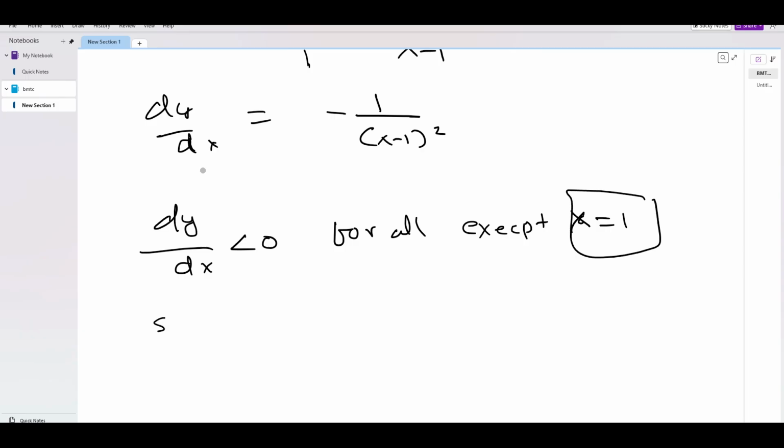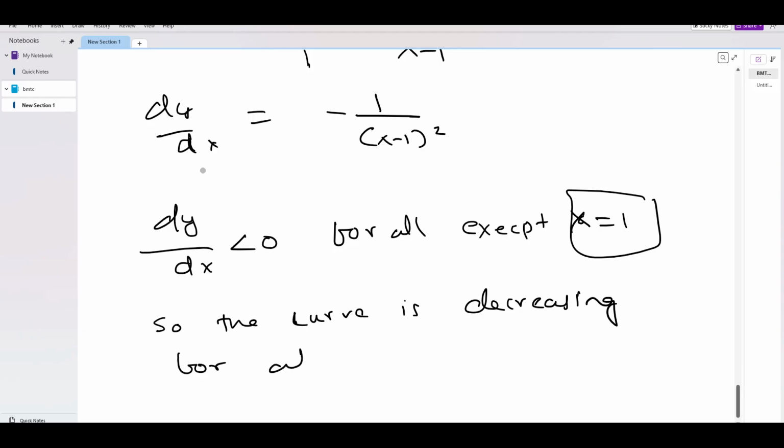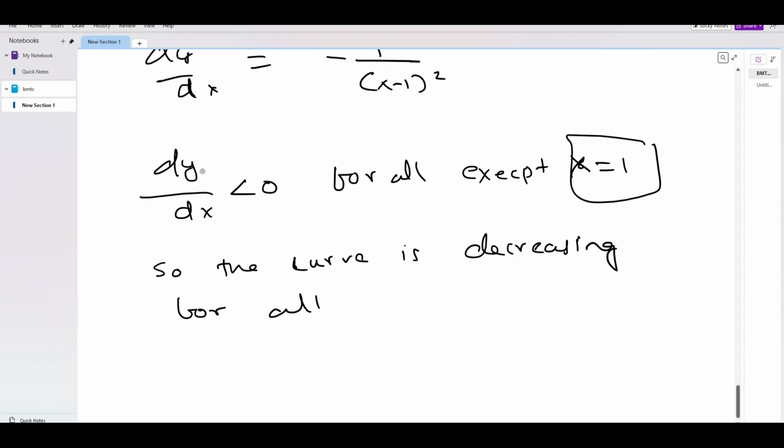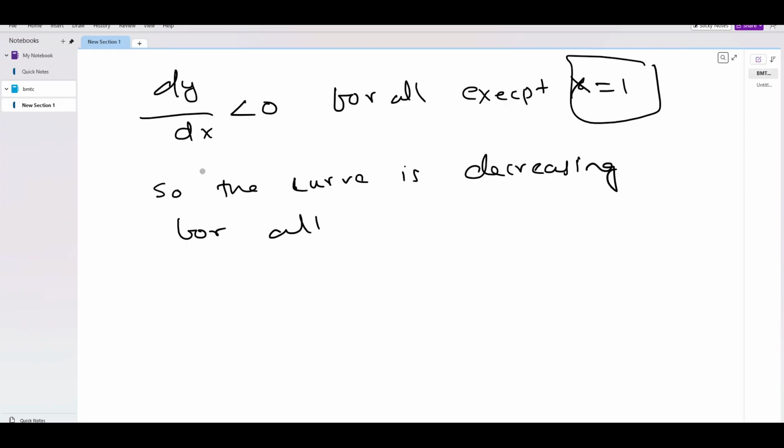So the curve is decreasing for all x from minus infinity to 1 and 1 to infinity.